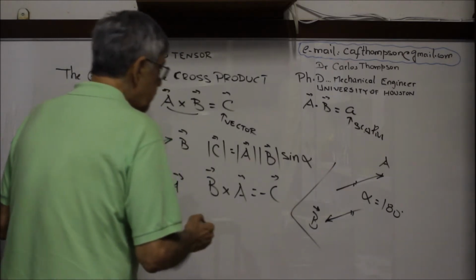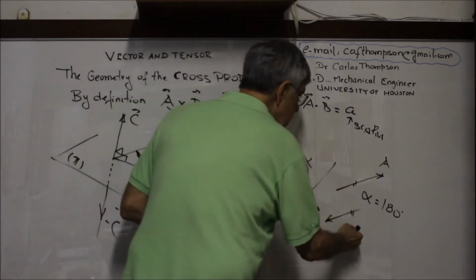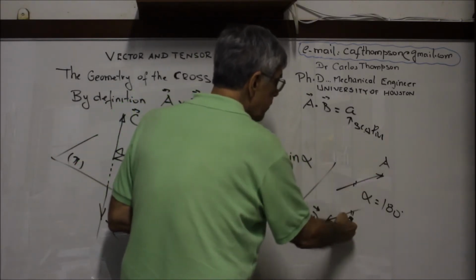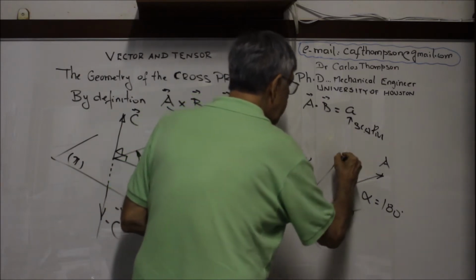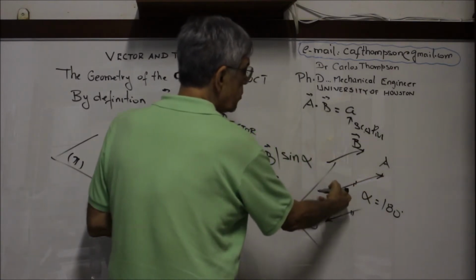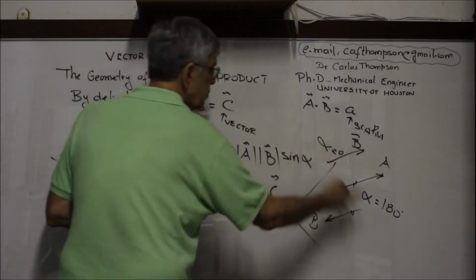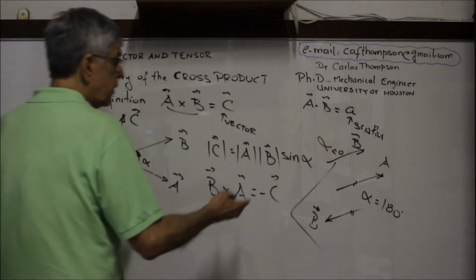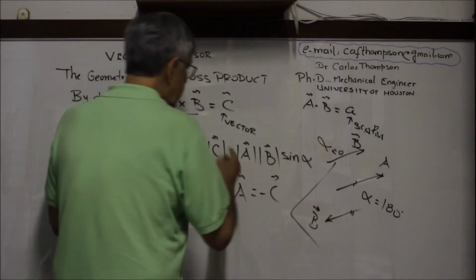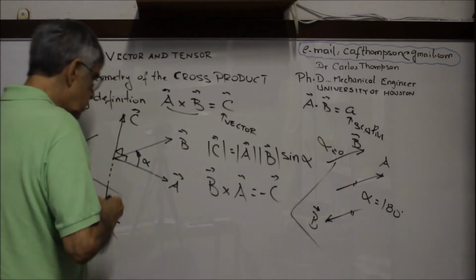If A and B are parallel, here they have opposite direction, but they could have the same direction, no problem. The angle alpha will be 0, so the sine of 0 will be 0. So if A and B are parallel, then the cross product of these two vectors will be 0.